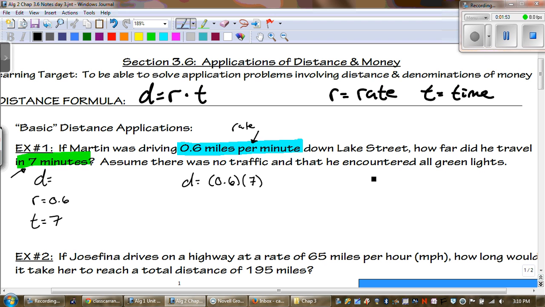Off to the side, 0.6 times 7: 7 times 6 is 42, and I have one number behind the decimal. So we get the distance equals 4.2, and we're talking about miles.